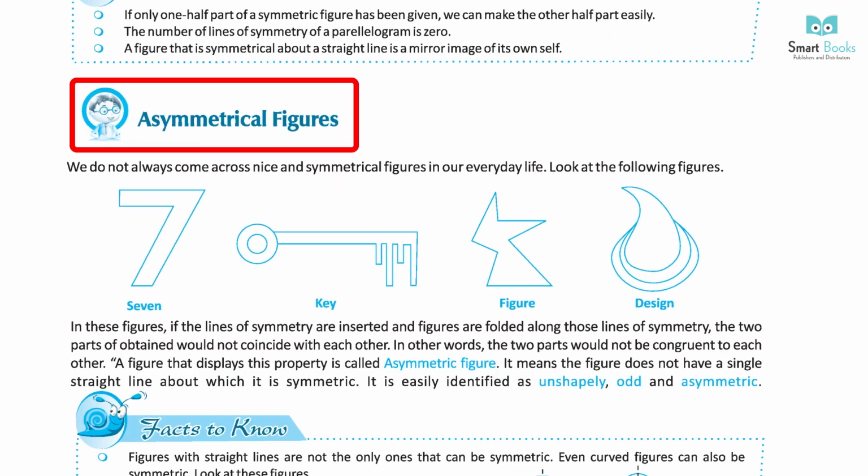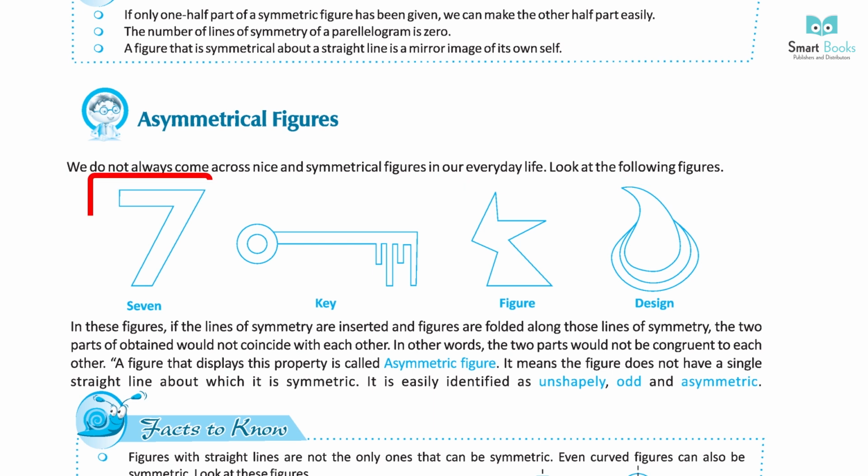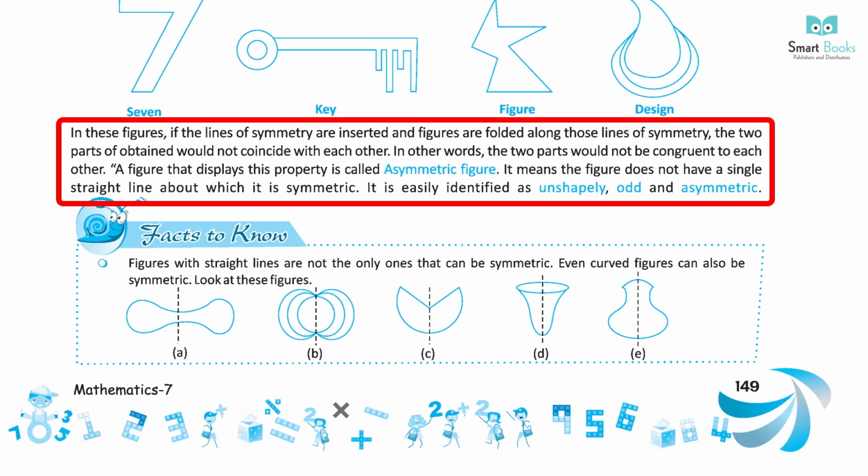Asymmetrical figures. We do not always come across nice and symmetrical figures in our everyday life. Look at the following figures. Key, figure, design. In these figures, if the lines of symmetry are inserted and the figures are folded along those lines, the two parts obtained would not coincide with each other.